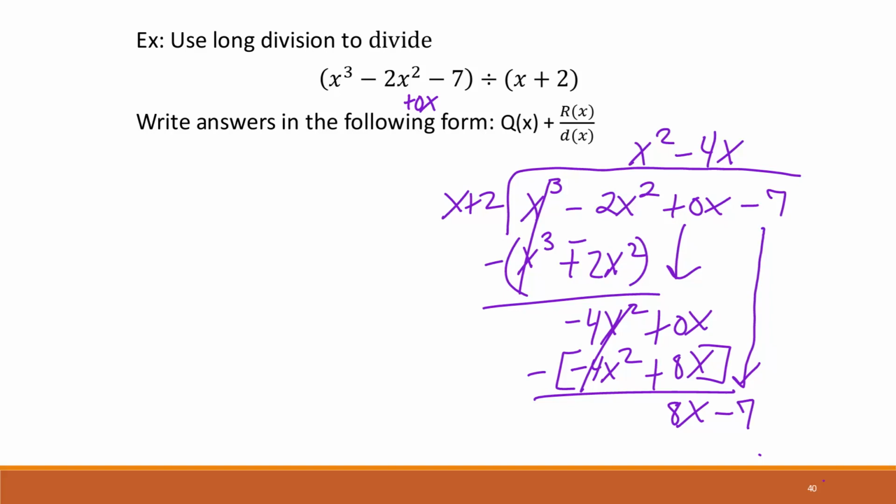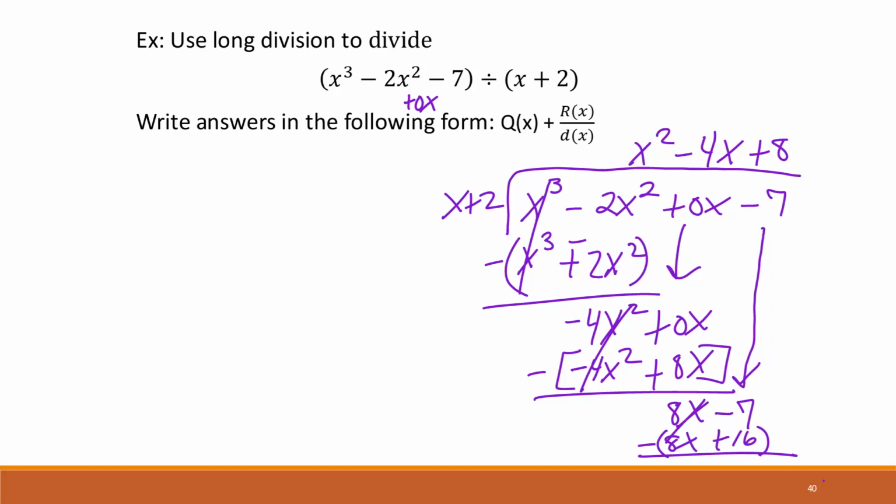So to get a positive 8x here, I'm going to do times 8. So I get 8x minus 16. So we're subtracting there. So this cancels. And we get plus here when we put that negative through.